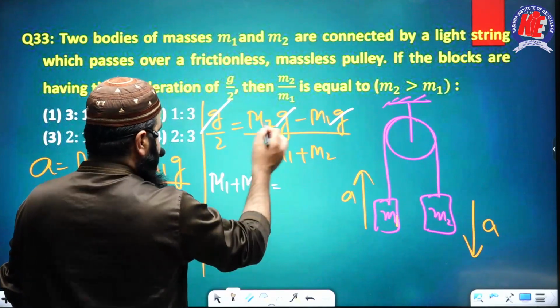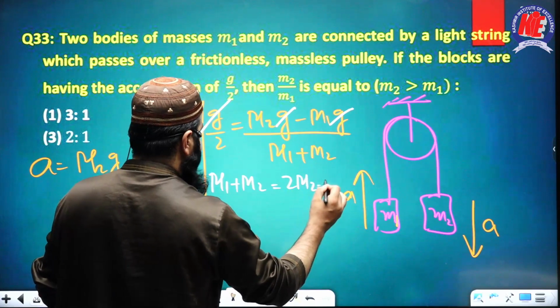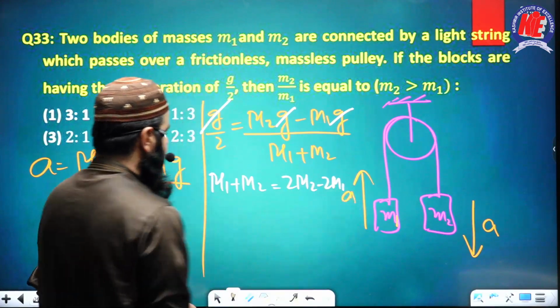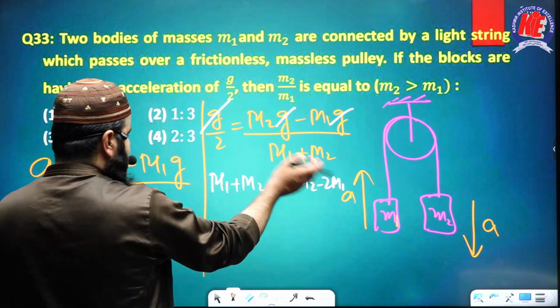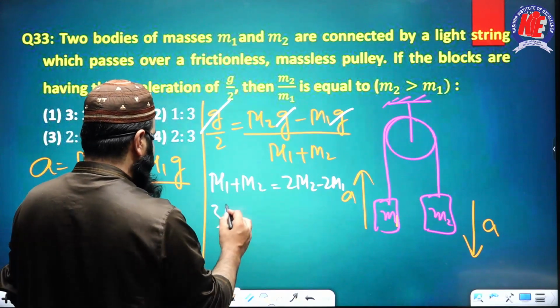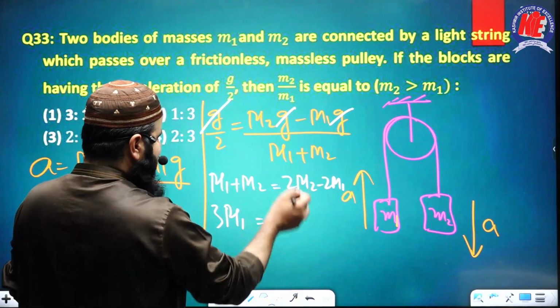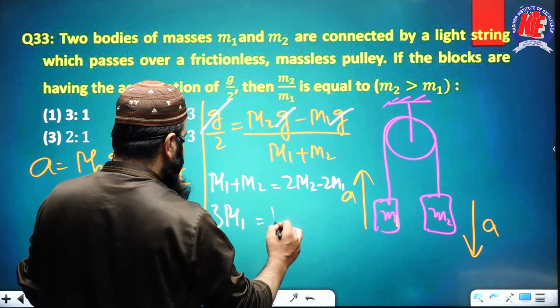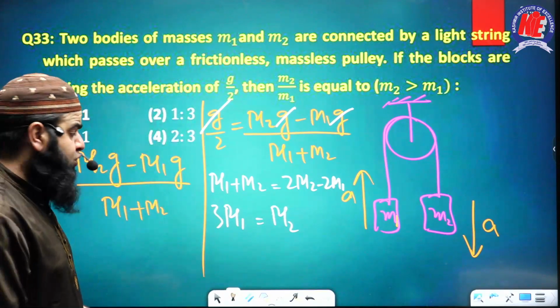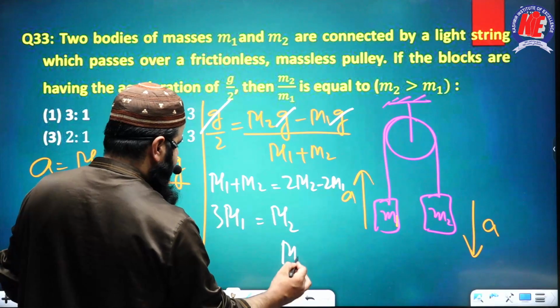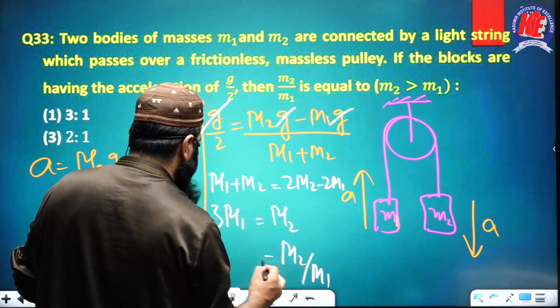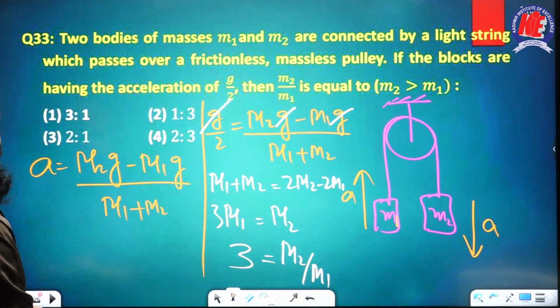On the right side, 2 times m2 minus 2 times m1. अब आइए बेटा इधर, minus 2 times m1 plus m1 is 3 times m1 is equal to, plus m2 को वहां पे लाओ, that will be 2 times m2 minus m2 is only m2. What's the target? m2 by m1. तो m1 को यहां पे लाओ, this will be the m2 by m1. On the left side you are left with 3 only, so 3 is to 1 is going to be the answer, option 1.